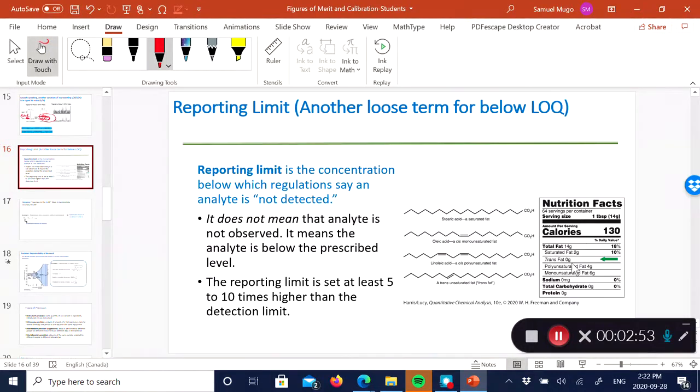Now, this is the reporting limit. It doesn't mean the trans fat is completely not there. It just means that using the analytical method they chose, it's much below the limit of quantification. Maybe somewhere in the limit of detection, but you cannot reliably quantify it. So the reporting limit is set at least 5 to 10 times higher than the limit of detection.